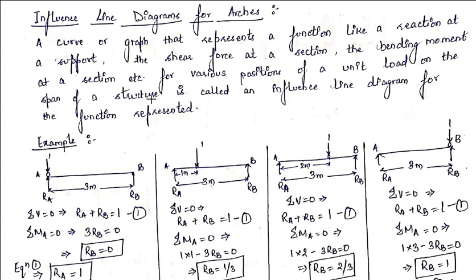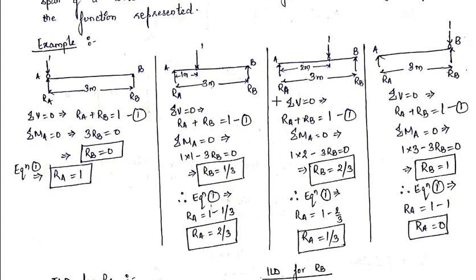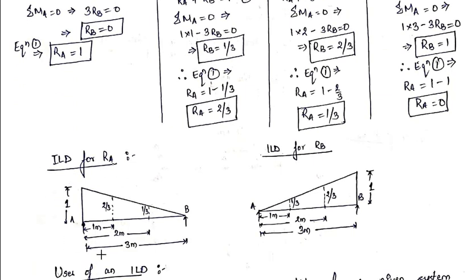Now that function can be the support reactions, the bending moment at a section, or the shear force at a section when a unit load moves from one end to the other end. So this is the ILD for Ra, and this diagram is showing the variation of Ra.